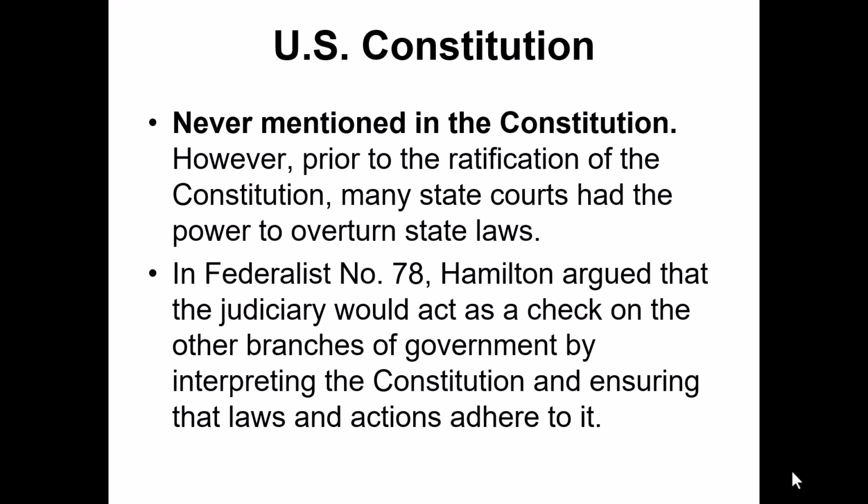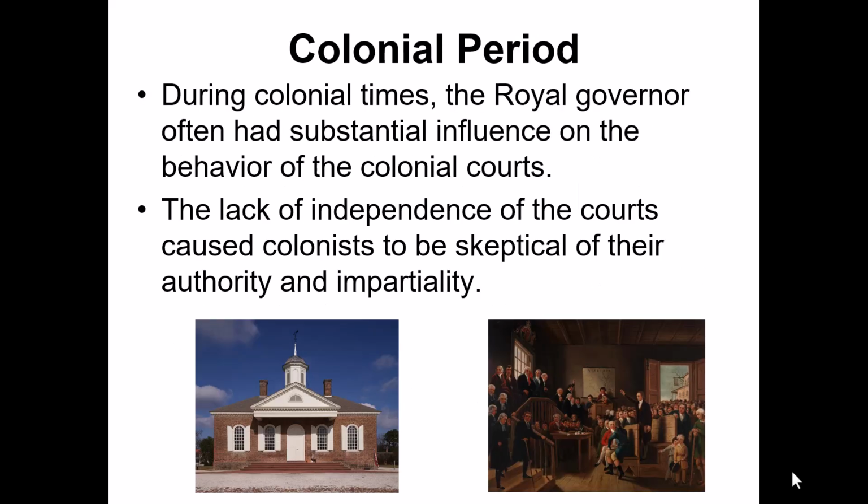Hamilton wrote in the Federalist Papers that the judiciary would act as a check on the other branches of government by interpreting the Constitution and ensuring that laws and actions adhere to it. So really, I think many founding fathers assumed that the court should and would have this power of judicial review. Yet it's never mentioned in the Constitution.